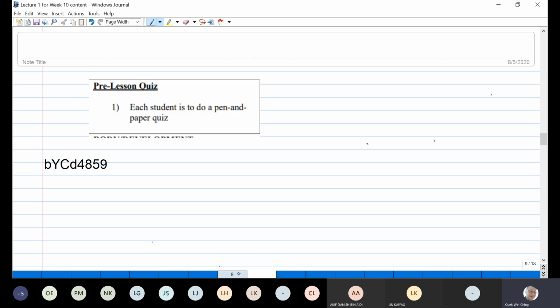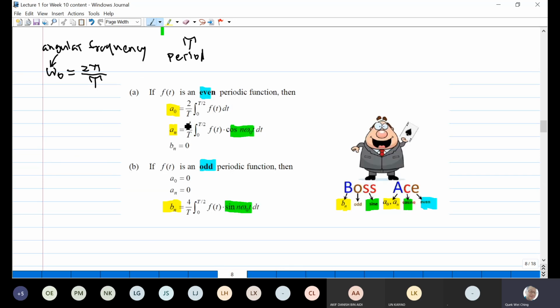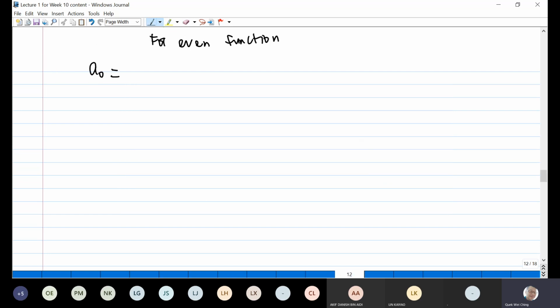For an even function, A0 is 2 over T, integral from 0 to T over 2 of f(t) dt, where T is equal to 2 pi, the period here.